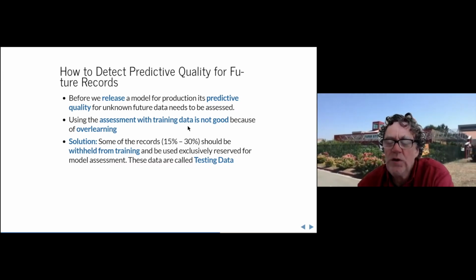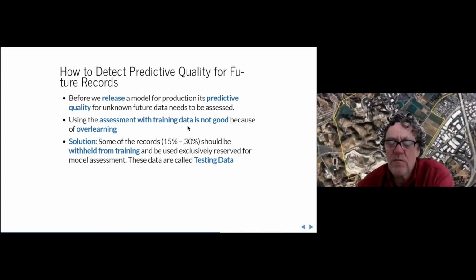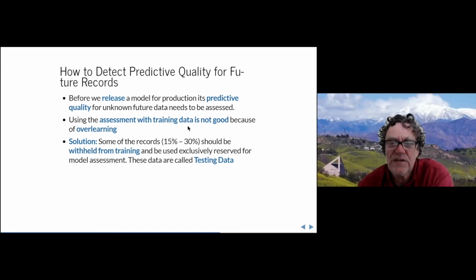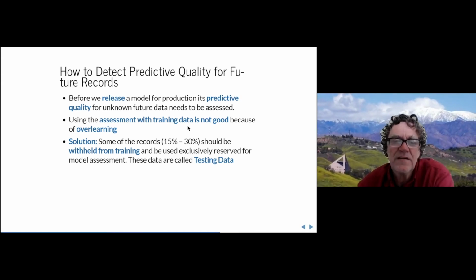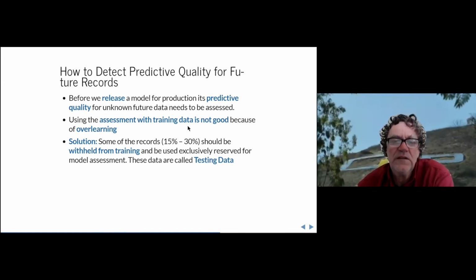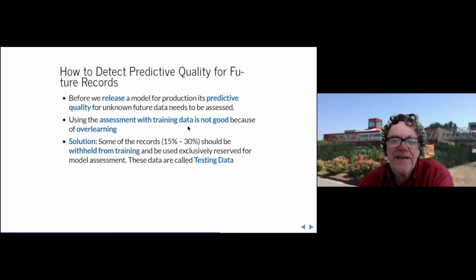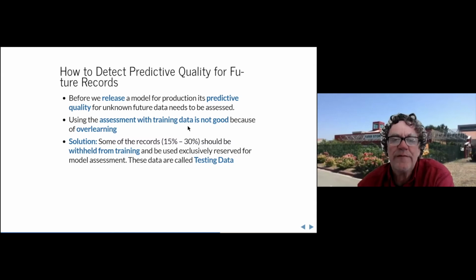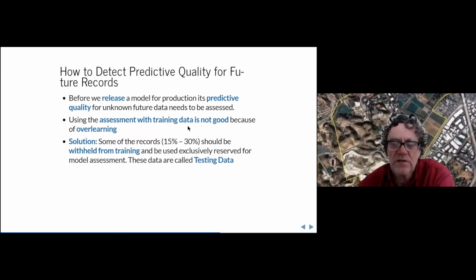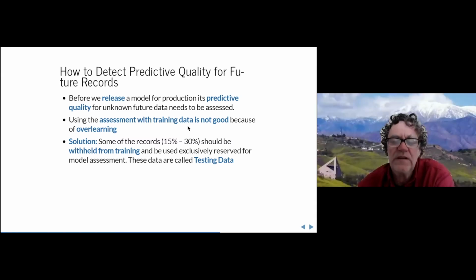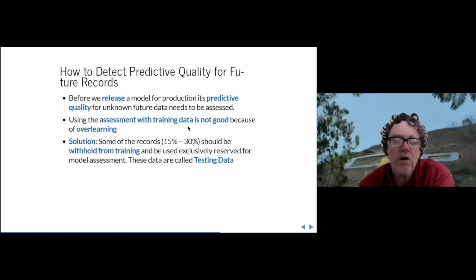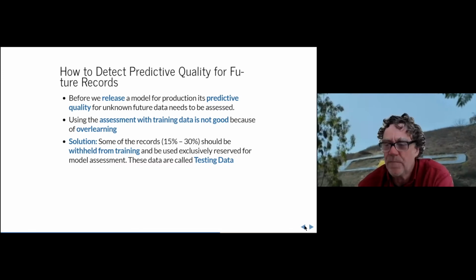Then when we are all done with our model development, before we release it for production, we check the quality of our model on these testing data, the ones we have withheld, to see if we have overlearning or not. If we don't have overlearning, we are good to go. If we do have overlearning, we go all the way back to square one.